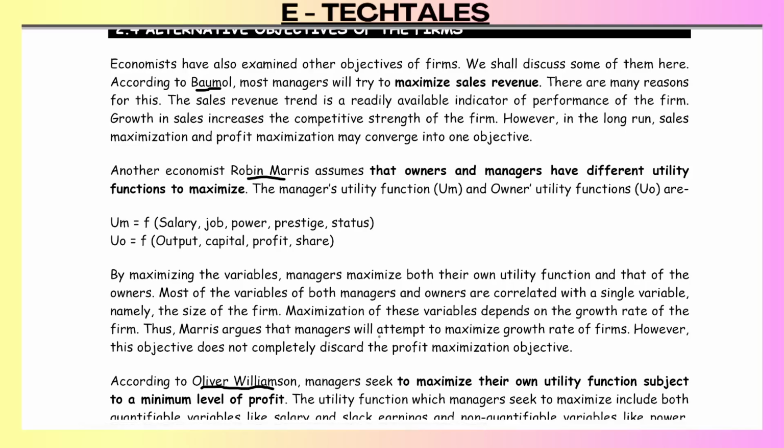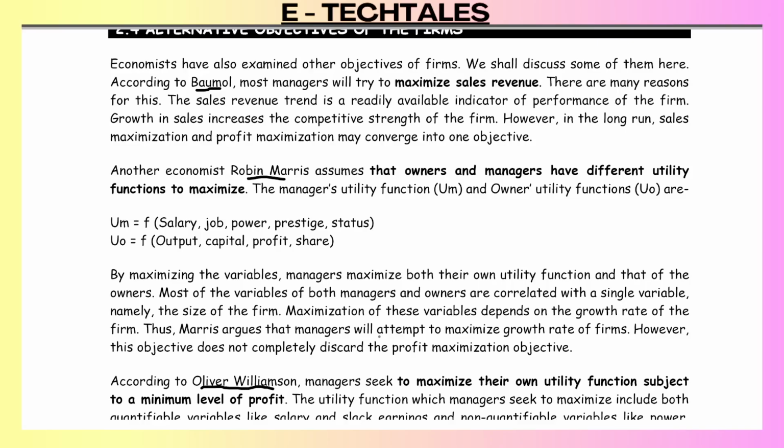According to Baumol, most managers aim to maximize sales revenue. There are several reasons for this. The trend in sales revenue is a readily available indicator of a firm's performance, and the growth in sales enhances the firm's competitive strength.